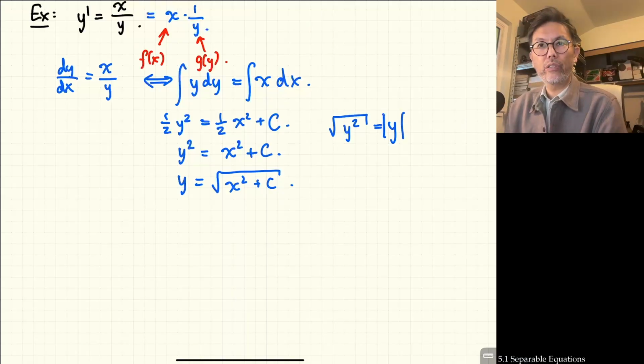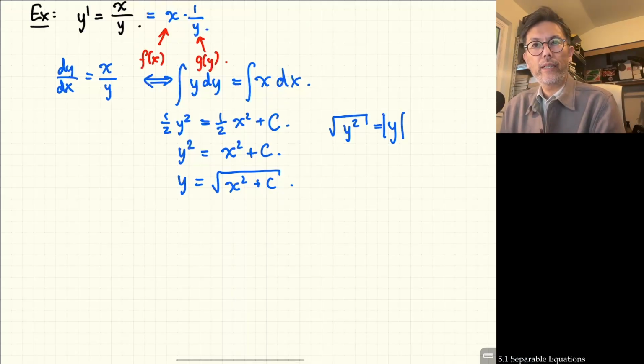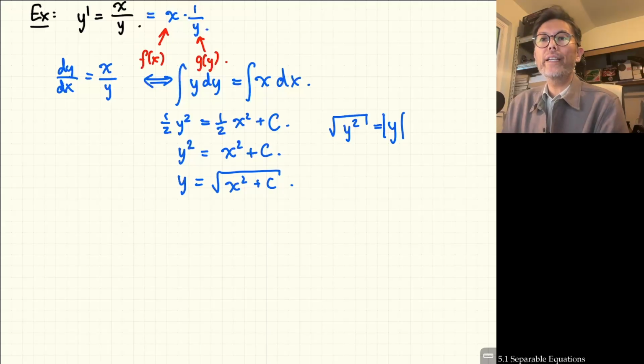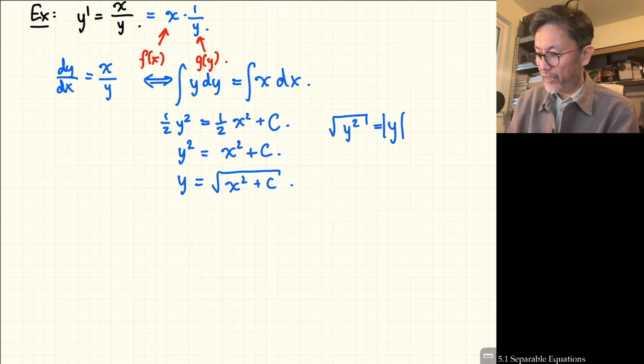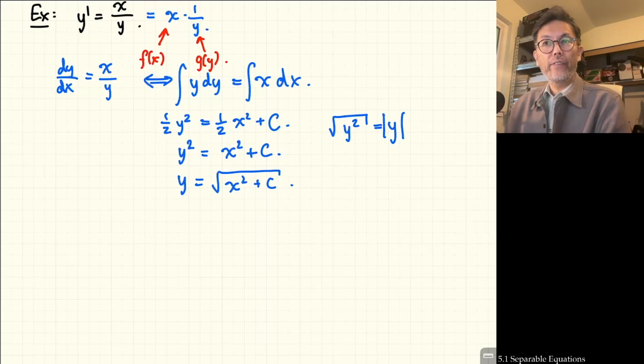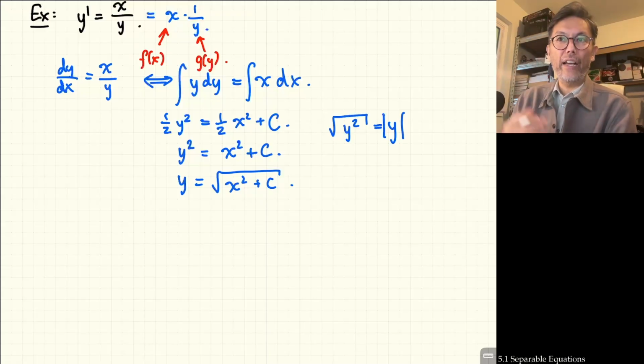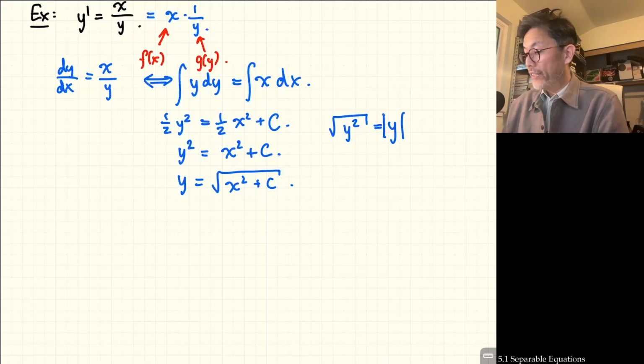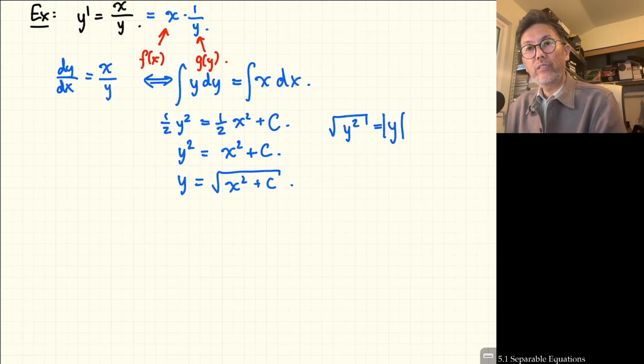Here is the truth. This is a true statement now. And the reason is because if y is negative, then the square root of y squared, that is to say this side, is not y. The square root of negative 5 squared is not negative 5. It's 5. And so, yeah, this here is the truth.